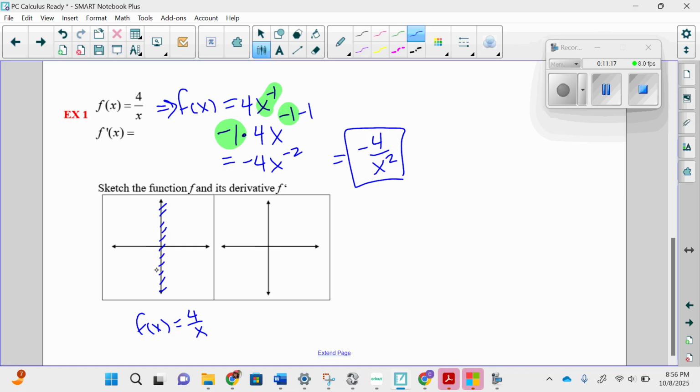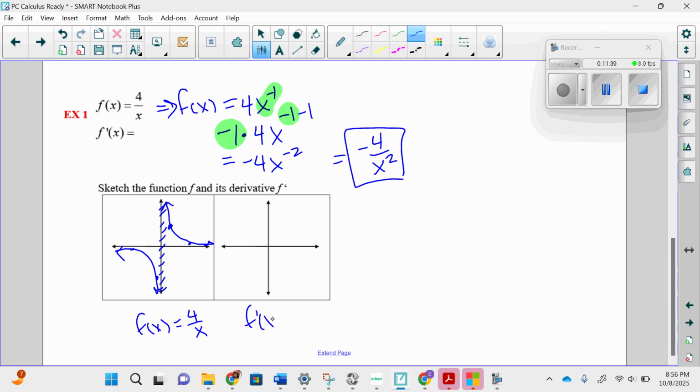When I plug in 1, that gives me 4. When I plug in 4, that gives me 1. So it's going to look something like this. When I plug in negative 1, I get out negative 4. When I plug in negative 4, I get out negative 1. So we have f of x looks something like that.